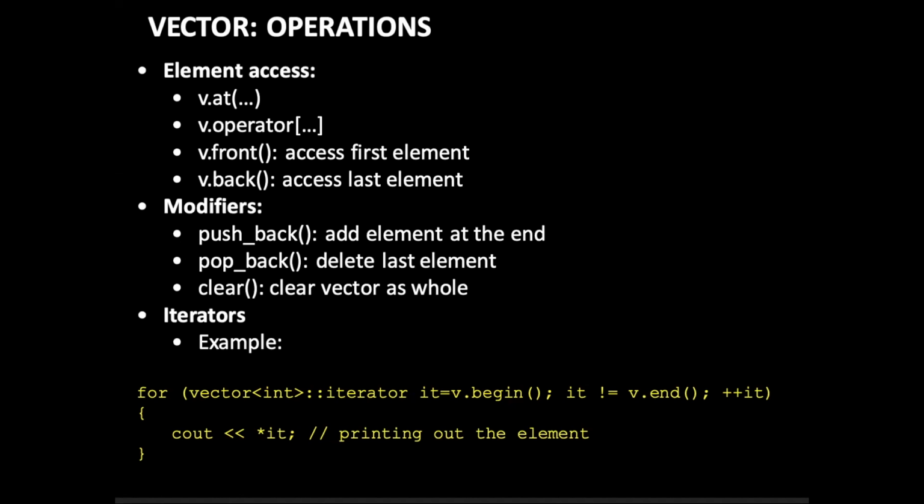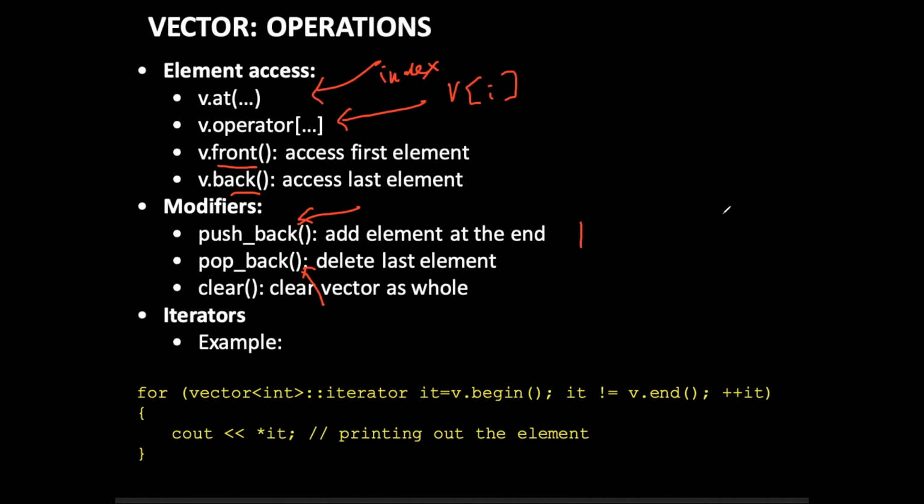Just like an array, you can invoke some of the common methods inside vector to access elements. For example, accessing elements at a specific index with at. Or you can use the bracket operator as you would with an array to specify the element by its index. You can also invoke front and back to access the first and last elements respectively. There's also the very popular push_back and pop_back mechanism.